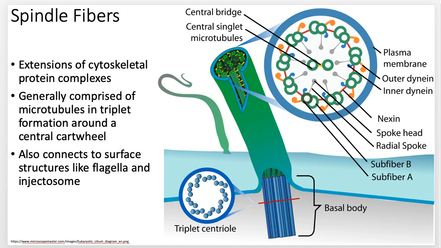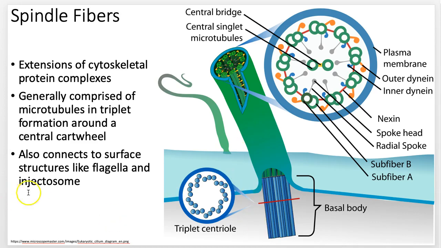So flagella, since sperm are flagellated, or we can connect them to injectosomes, which certain bacteria have if they want to inject or suck up things from eukaryotic cells. So E. coli, if they're really pathogenic, can use this crazy looking injector. It looks like a little stabby thing, and it stabs in there and can inject things that will damage the cell, and then it can suck up nutrients and stuff. It's super creepy and kind of awesome.